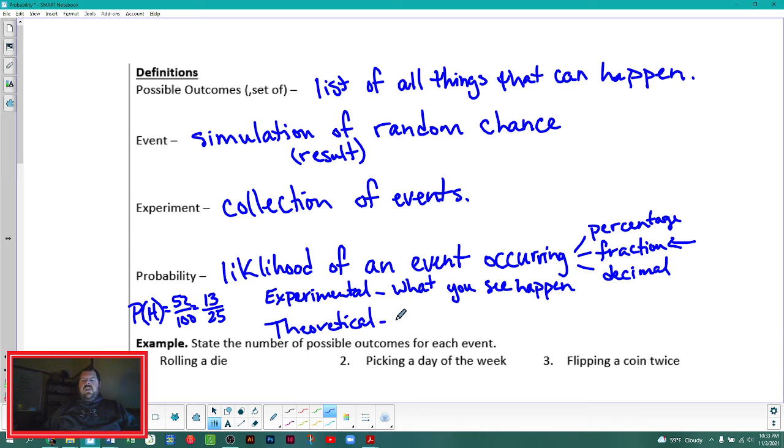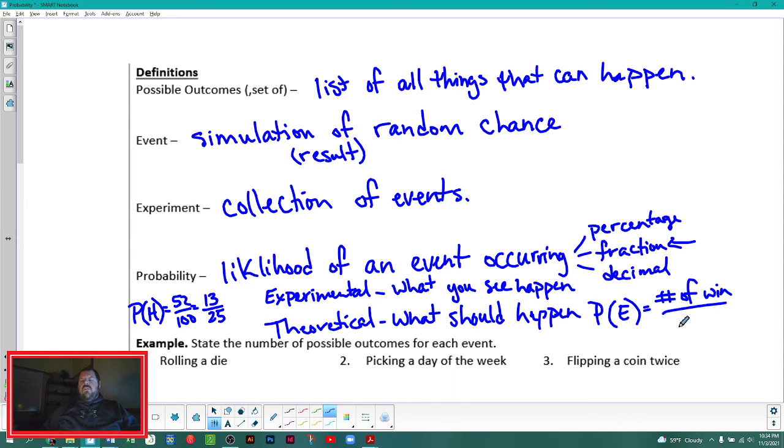Theoretical probability is sort of an idea of what should happen. And it comes from the probability of an event, comes from what I consider to be the number of wins, okay, a way to win the event over the total outcomes.